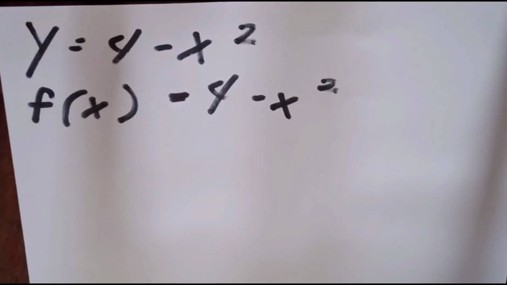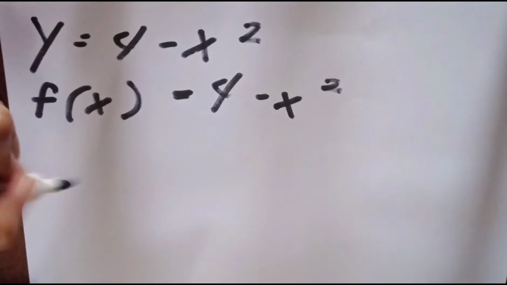The function notation f of x equals 4 minus x squared has a certain advantage over the notation y equals 4 minus x squared. As far as evaluation is concerned, if we use y equals 4 minus x squared, we would have to write, when x is 2, then y equals 4 minus 2 squared equals 0.